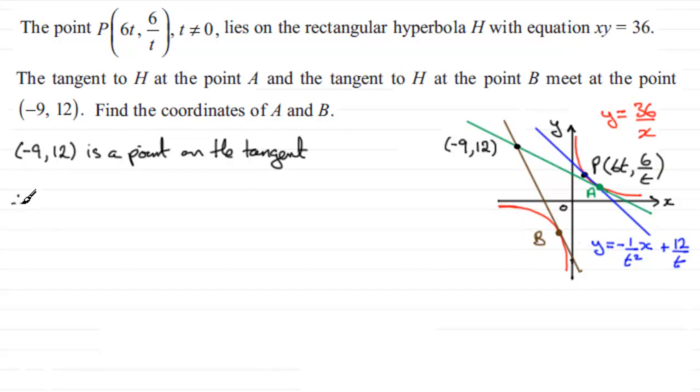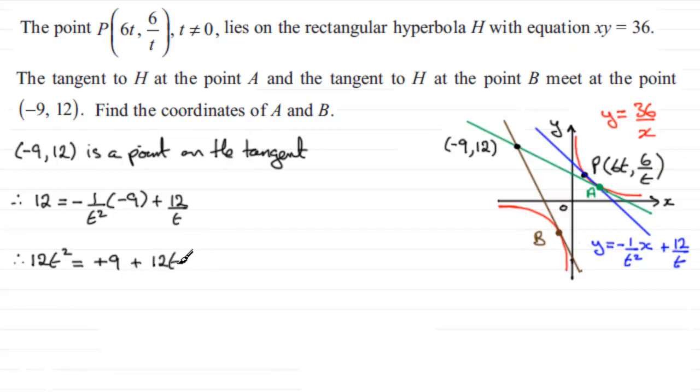So therefore we're going to have 12 equals minus 1 over t squared multiplied by x, x being the minus 9, and then plus 12 over t. Okay, got that far. So what we need to do now is multiply throughout by t squared, get rid of the fractions here. So we're going to therefore have 12t squared equals, and here it'll be just plus 9, and then here it'll be plus 12t.